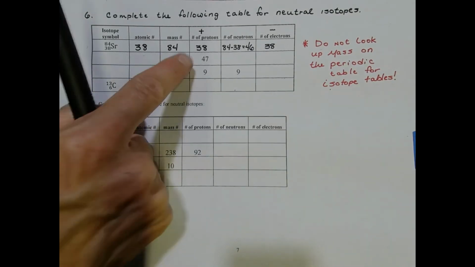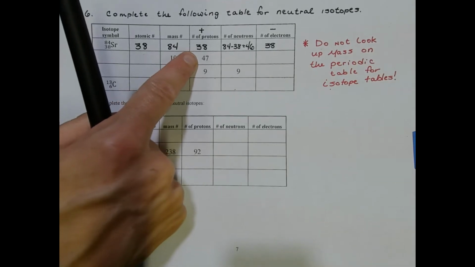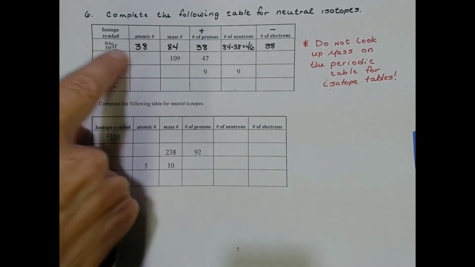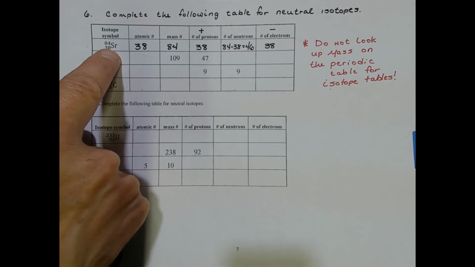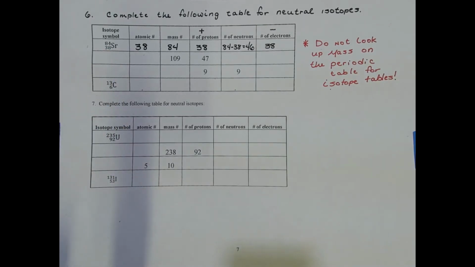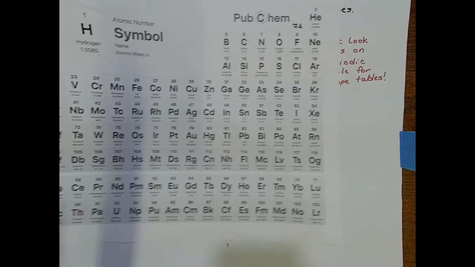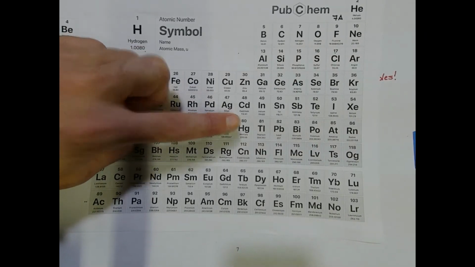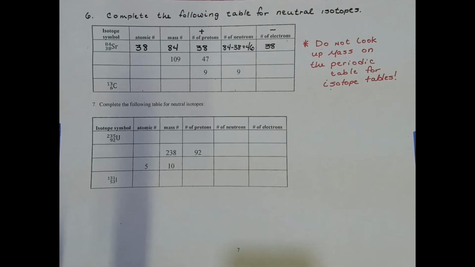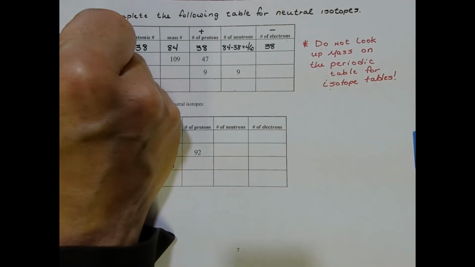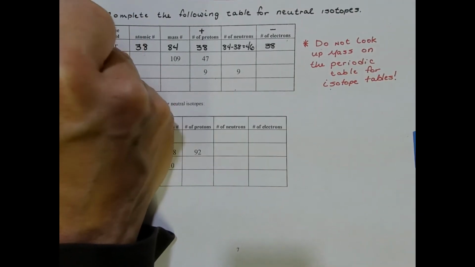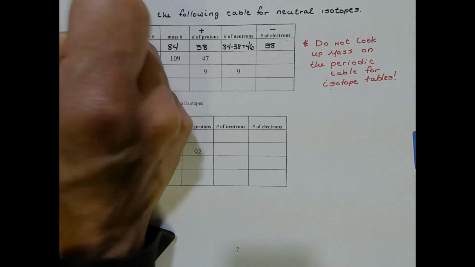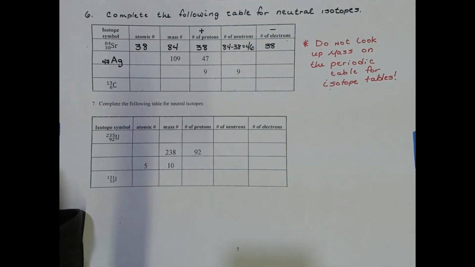So here we have 47 protons. That information is crucial to help me identify which element we're talking about. So I'm going to look for number 47 on the periodic table. Happens to be silver, ignoring that number. So I'll do Ag here. I'm going to put a 47 in the lower left-hand corner.